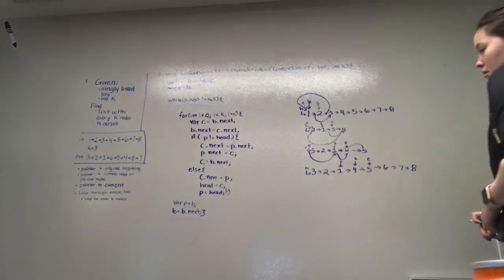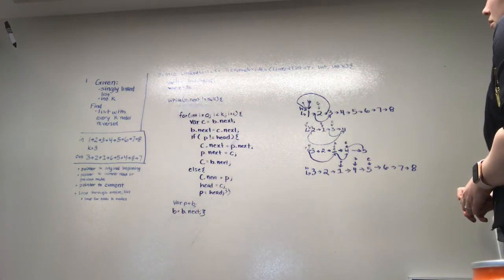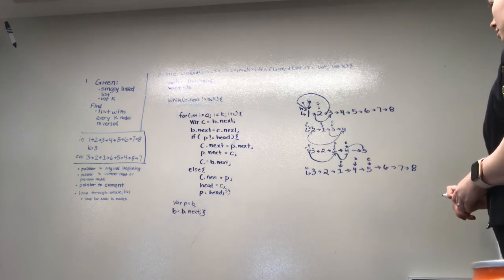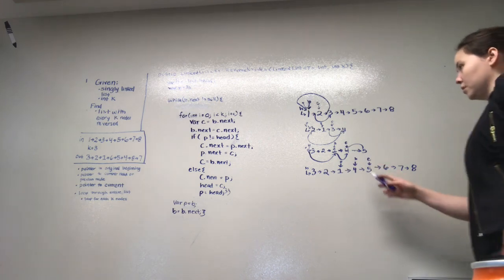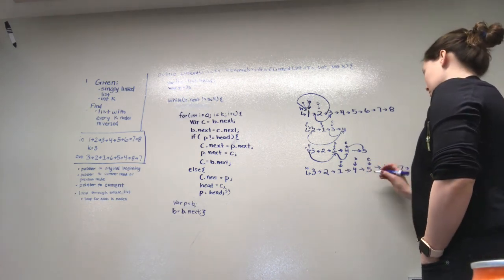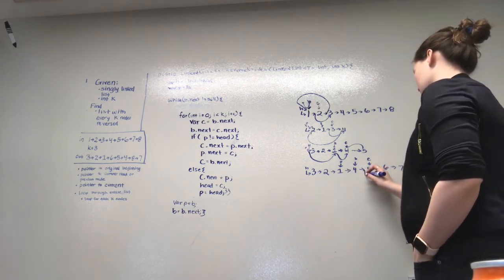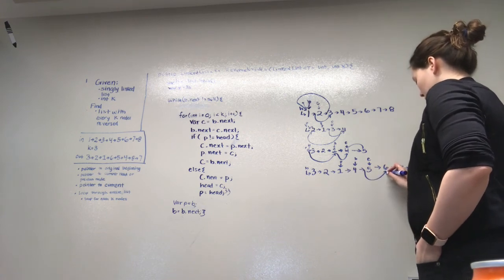So c is equal to b dot next, there's c. b dot next is equal to c dot next, so we will move this here.